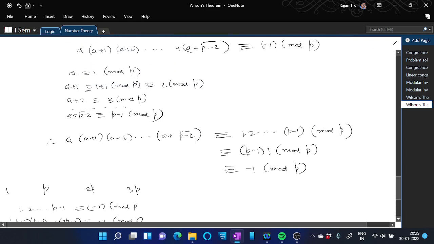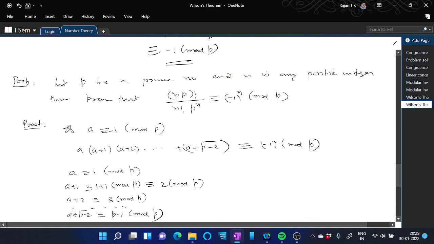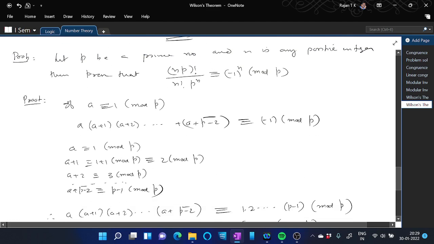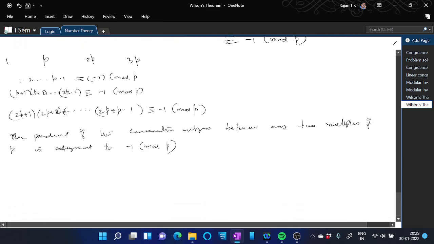Now we are in a position to prove the result np factorial by n factorial into p raised to n is congruent to minus 1 raised to n mod p. So let us take np factorial divided by n factorial into p raised to n, which you can write. Np factorial means 1 into 2 into 3 into up to p minus 1, then comes p, then from p plus 1, p plus 2, like that, p plus p minus 1, then 2p.